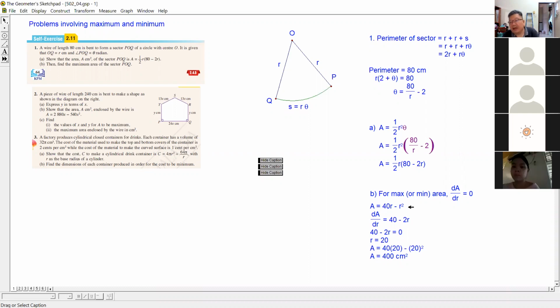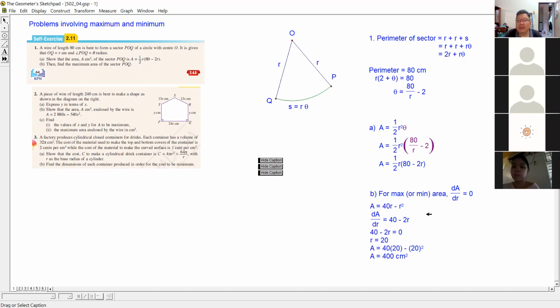Now to find the maximum or minimum value of the area, you have to find dA dr. So I differentiate with respect to r: 40r becomes 40, r squared becomes 2r.